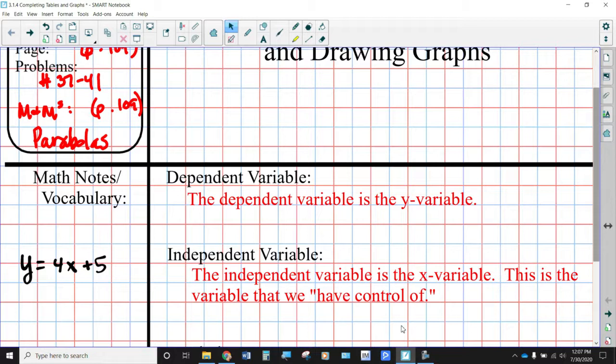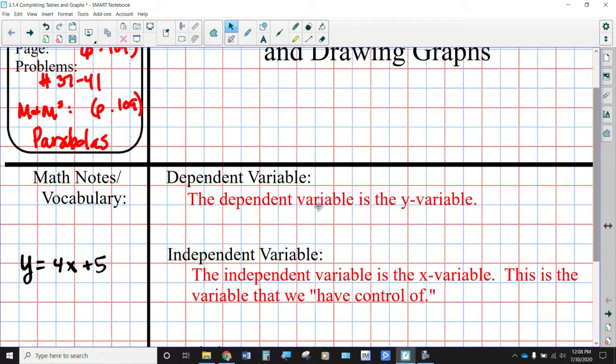Now, there are some situations where that doesn't really fit in. It doesn't make a whole lot of sense. A lot of times it does, and so I'll bring this up periodically when it makes sense to help you understand which of these variables should be your x and which one should be your y.